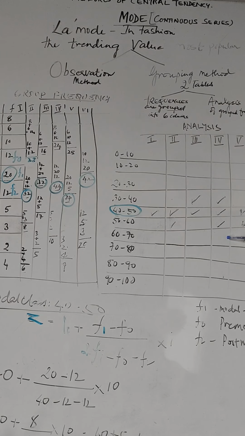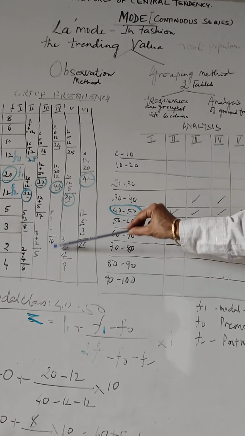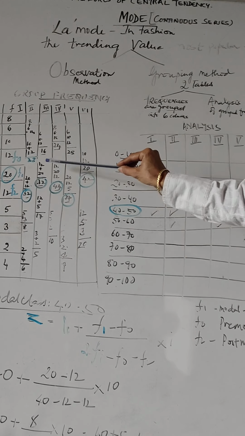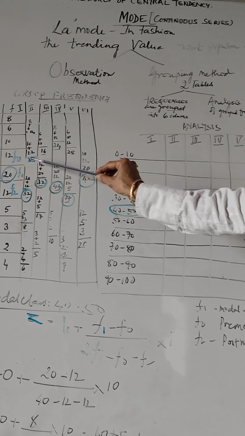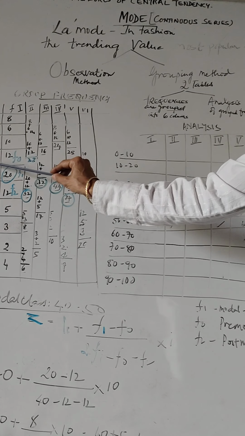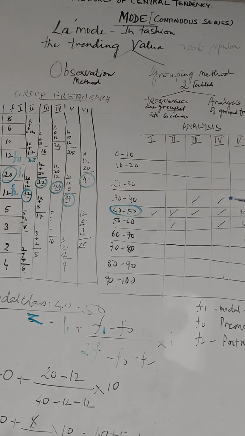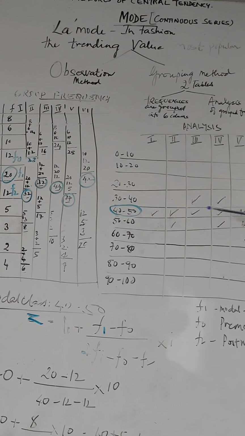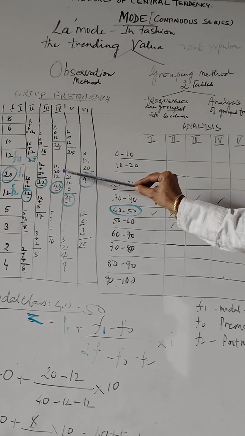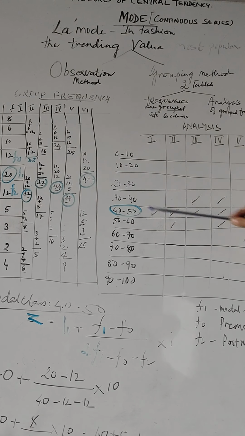And the fourth column: where does this 12 frequency correspond to? 30 to 40. Okay. And the next is 20, 40 to 50. And the next is 12, 50 to 60. So 50 to 60, put a tick mark.